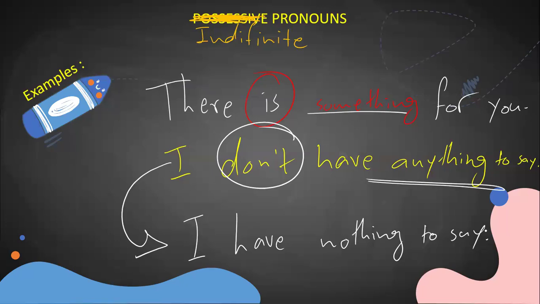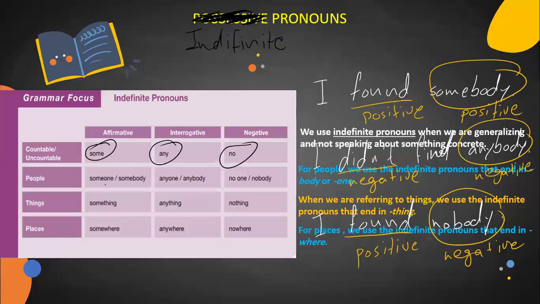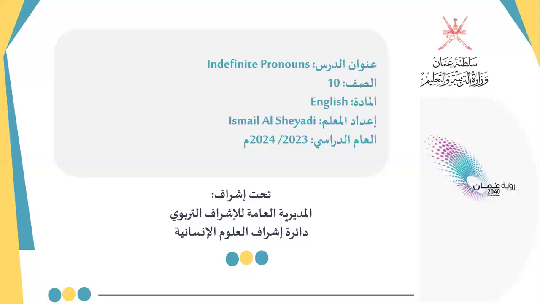Some is used when we are talking about affirmative things. Any is used when we have negative verbs and negative meanings. No is used when the verb is positive and the meaning is negative. Okay, so now this is the end of today's lesson.